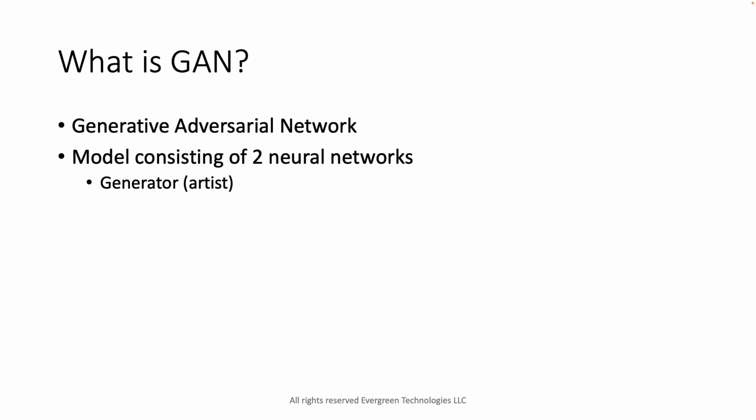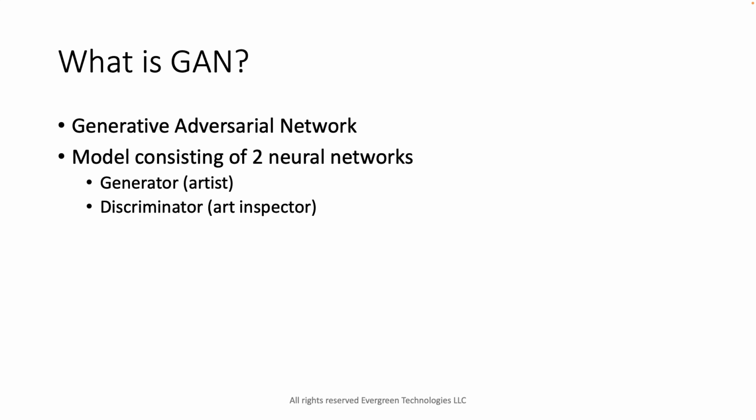So the two networks are, one is a generator, which is basically generating, let's take an example of a painting. The generator is like an artist which is generating a painting from random noise, right?